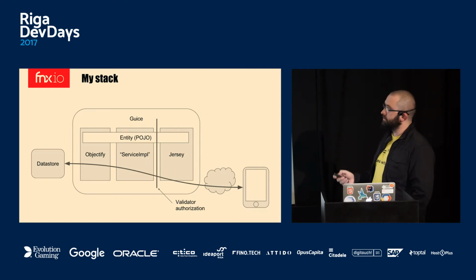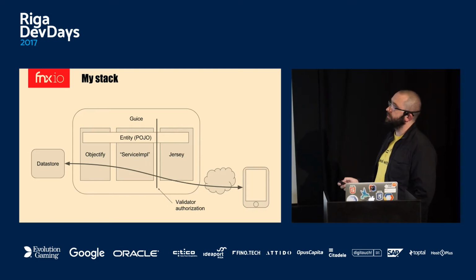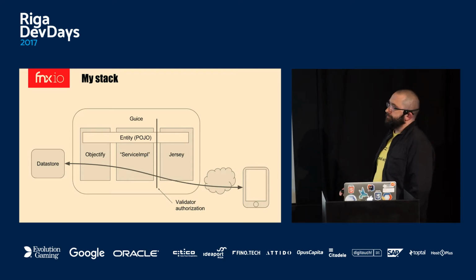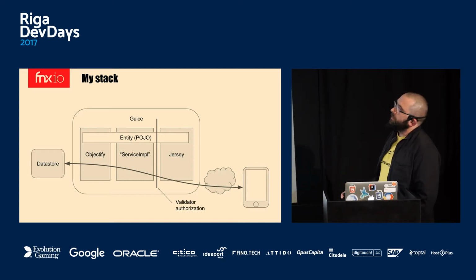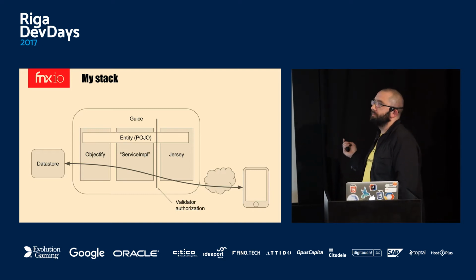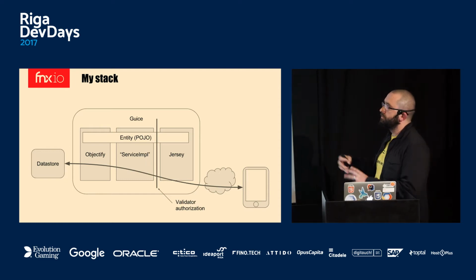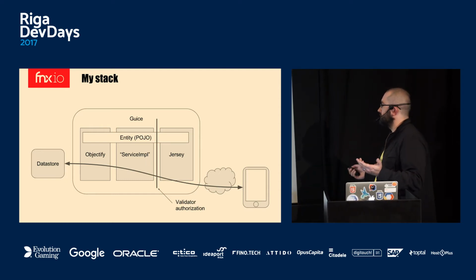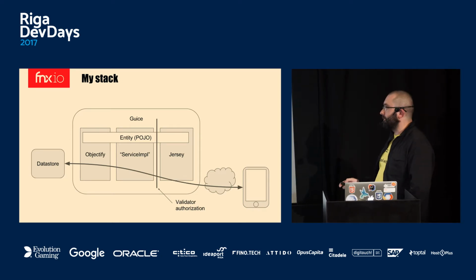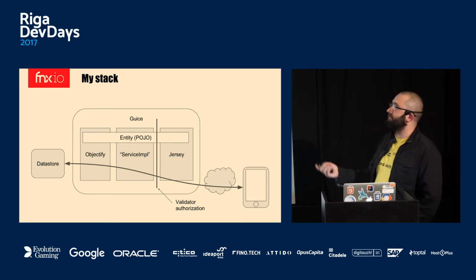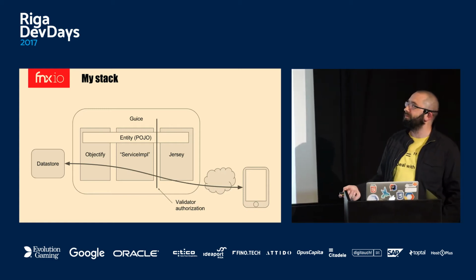So I'm using the Guice dependency injection container. I'm using Jersey for APIs. You can use RESTEasy or something like that. I'm using Objectify for accessing the data store. And there is just some business logic implementation in it. It's all glued together with Guice, and that's it. Like, no magic and no goat killing again. But this is probably something you are familiar with if you are a Java developer.